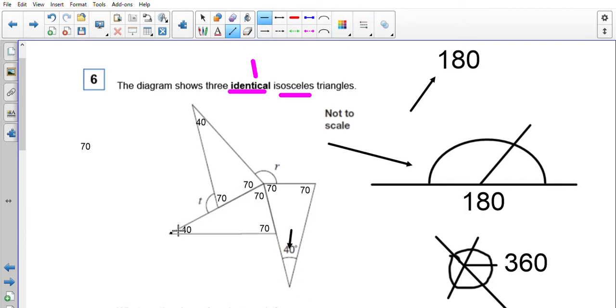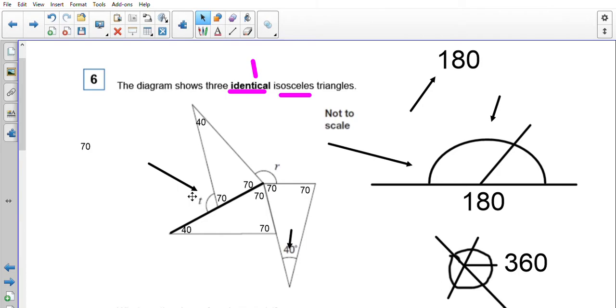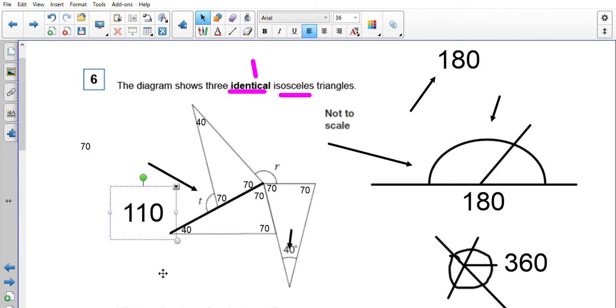So for T, I've got my straight line, which must be 180 degrees total. I've used 70 degrees of that, which must mean I've got 110 left, because 110 plus 70 is going to give me 180 degrees on my straight line.